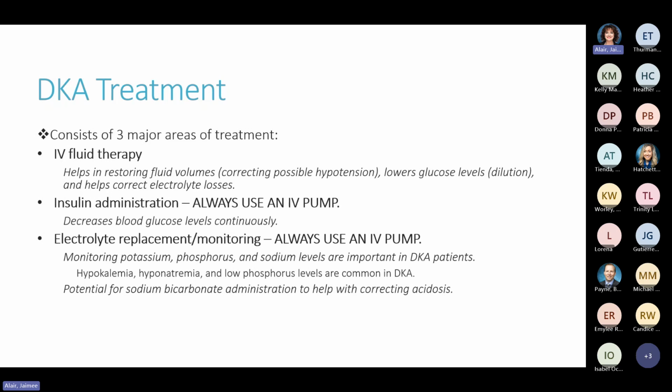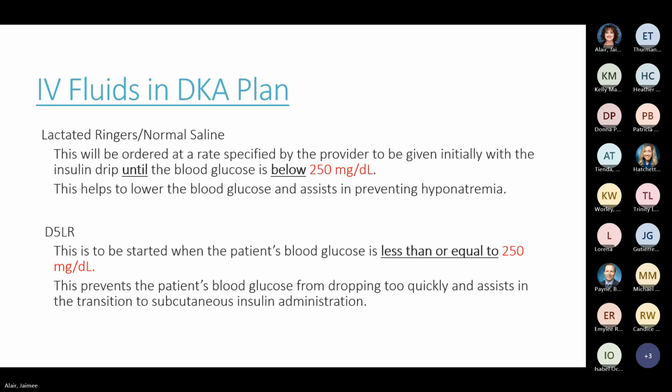We want to bring down those glucose levels and then correct our electrolyte imbalances. And then administer insulin. We always administer insulin on an IV pump, and then electrolyte replacement and monitoring, also on an IV pump. We're monitoring the same things, our potassium, our phosphorus, and our sodium. And then sometimes they'll administer sodium bicarb if the adult patient is super acidotic.